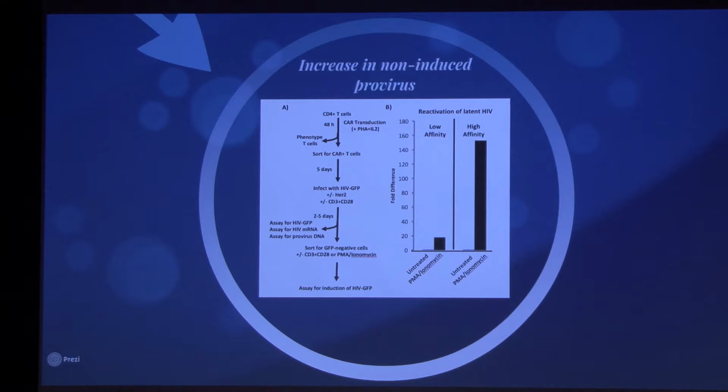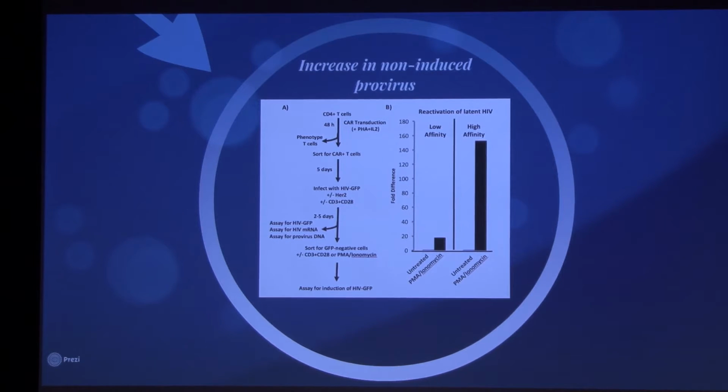And so for the final part of the experiment, as I said before, we took the cells that did not express this visible trait, meaning they were either latently infected or not infected at all. And we re-stimulated them to see how much virus they produced.